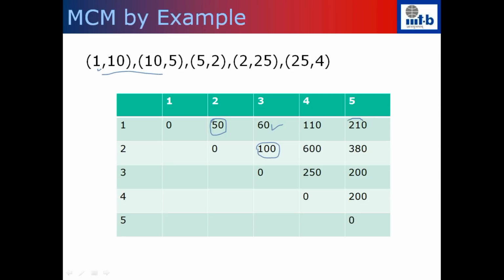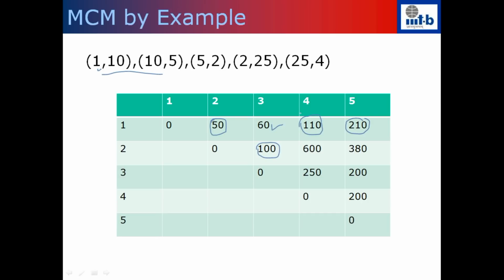Let's look at how to get this. There are 4 different ways of multiplying. The k will take values between 1 and 4. Let's look at the value of k to be 4. In that case, first we recursively compute the product of the matrices from 1 to 4. From this table, the best way to compute the product of the first four matrices requires 110 multiplications.